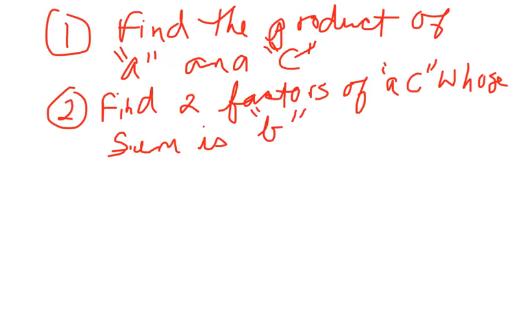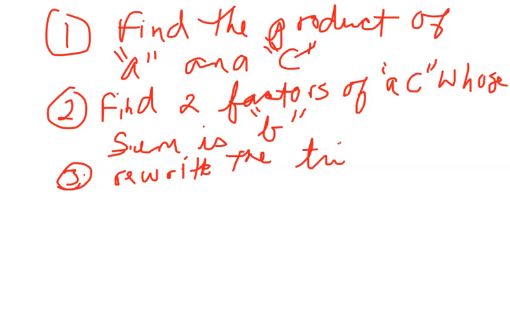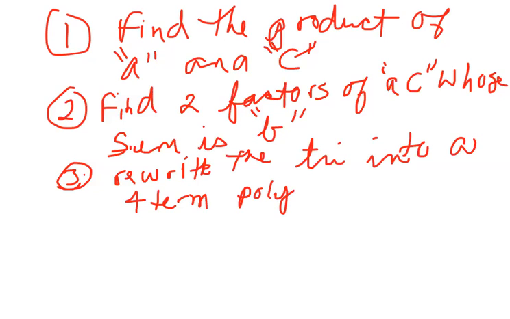Now, once you figure out those two factors that work, you're going to rewrite the trinomial into a four-term polynomial by splitting the middle term.